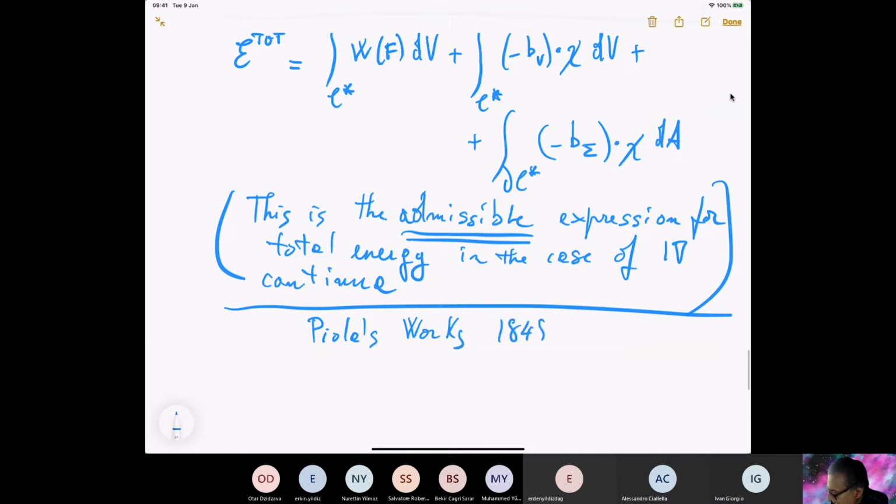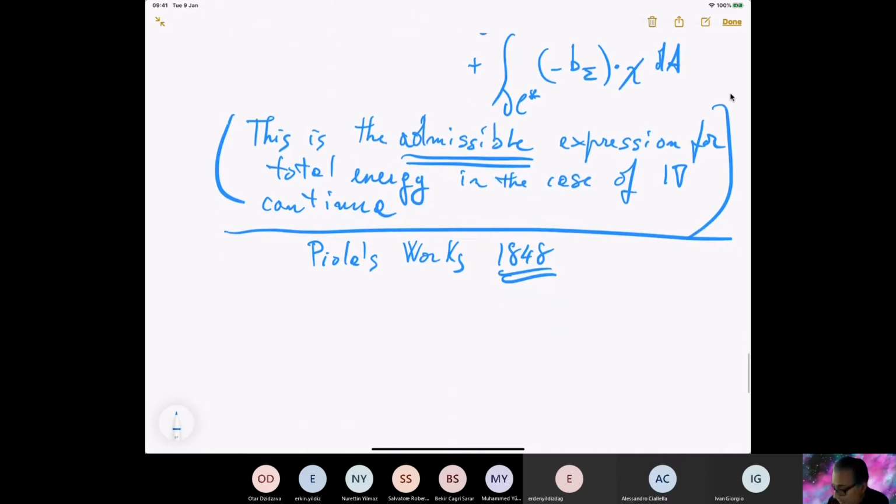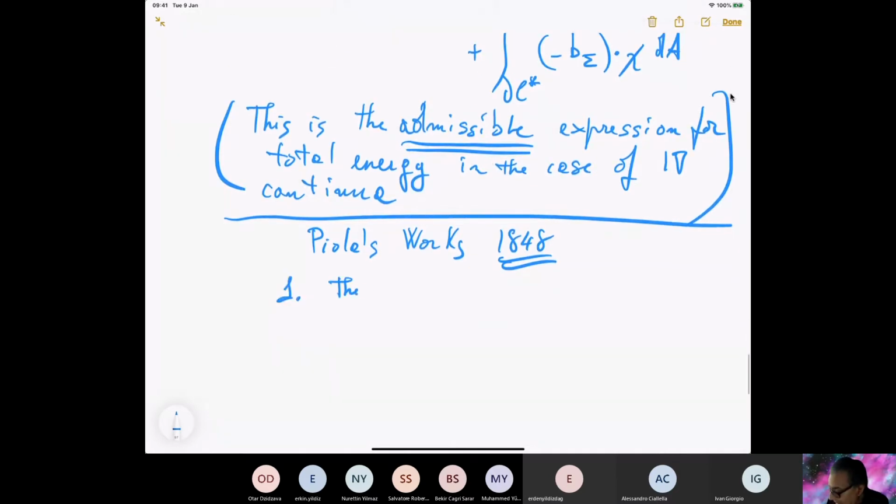Now, what is rather astonishing is that many engineers confuse the mathematical reality with the physical reality. So first of all, they confuse math with physics.